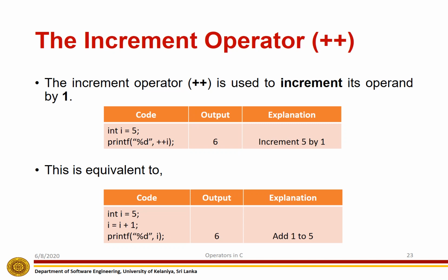So it will give the output as 6. And also in the second table you can see int i equal 5, then i equal i plus 1. It is equivalent to the increment operator, so it also prints the value 6. So ++i and i plus 1 are both the same.